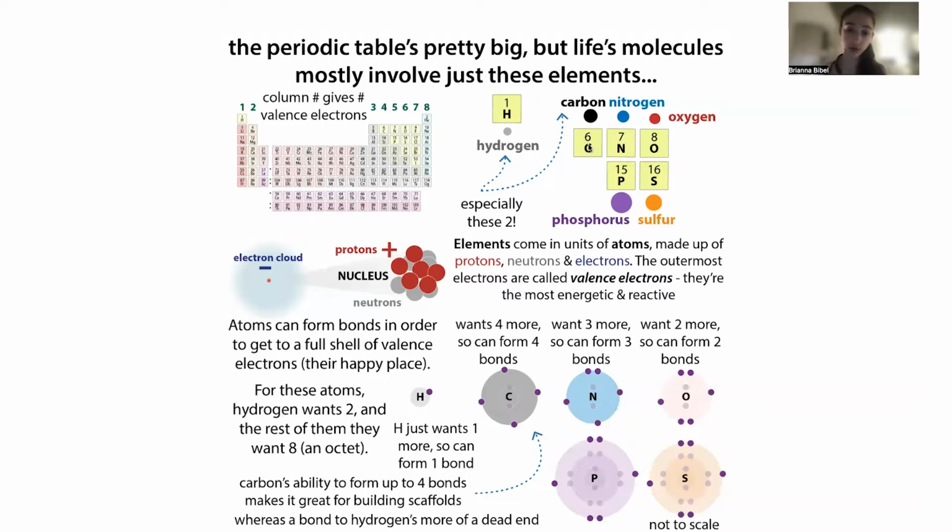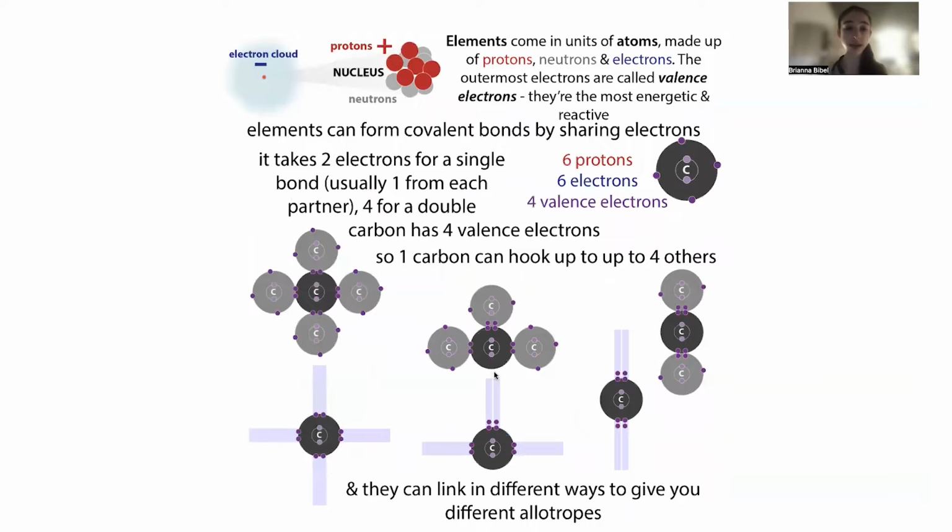But if you have a neutral form of carbon, you're going to have 6 protons and 6 electrons. And so 2 of these are in this inner shell, and then you have 4 in this outer shell. And we said that carbon wants to have 8 valence electrons. And so what it can do is form 4 single bonds, or 2 single and a double, or 2 doubles. So in a single bond, you're sharing 1 pair of electrons, and in a double bond, you're sharing 2 pairs of electrons.